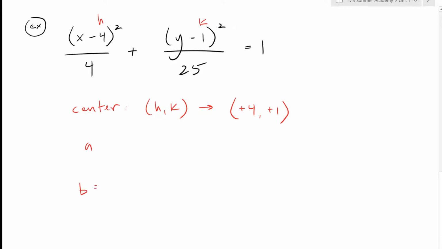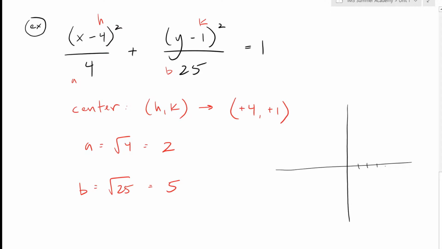A and B. A goes with x. So A is down here. Take the square root of that. So my A value is 2. B is with the y. Take the square root of that. We get 5. So we've got our starting point. We've got enough information to go the different directions.